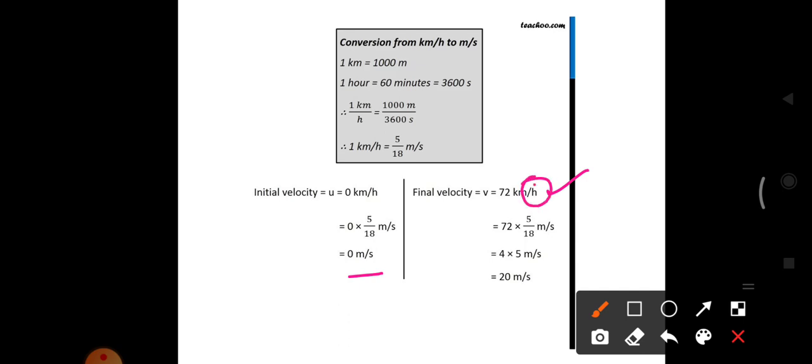Instead of kilometer per hour, we can substitute 5 by 18 meter per second. 1 18 is 18, 4 18s are 72. So 4 into 5, 20 meter per second. So here the initial velocity and final velocity in kilometer per hour is converted into meter per second.